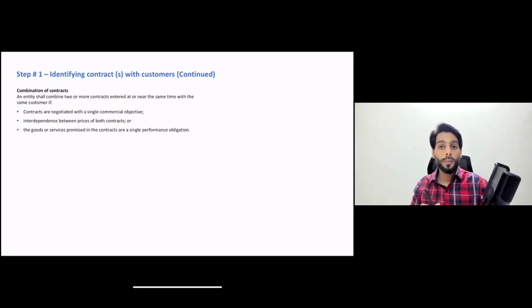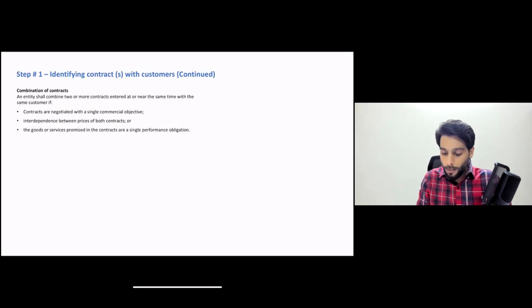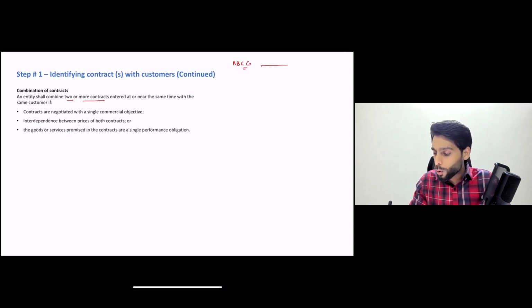So my friends, what do we mean by combination of contracts? A combination of contracts is a scenario in which an entity enters into two or more contracts. I'll repeat it again. Combination of contracts is a scenario in which one entity, let's say it is ABC company, enters into two or maybe more contracts with the same customer.